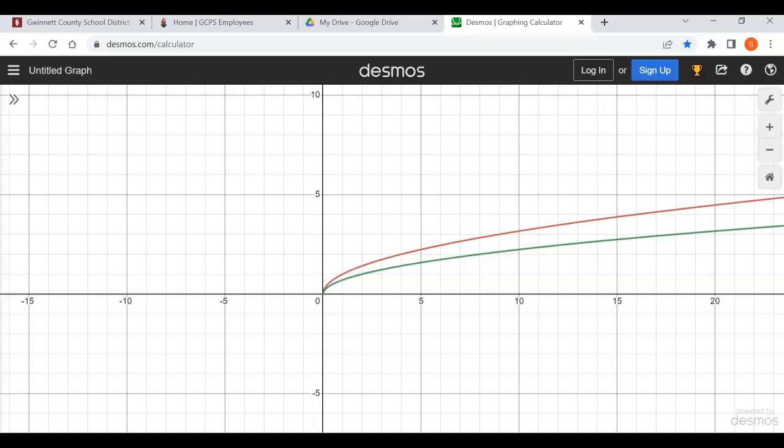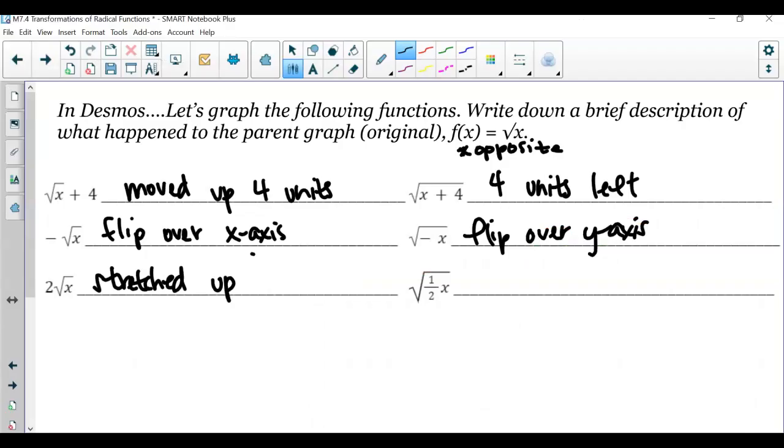The string gets tighter and it gets flatter. So think about this like that string, right? We pulled onto it and made it flatter. So this is like stretching that string outward, to the left or to the right. So we're stretching it almost as if we were making it flatter, like a flatter line.